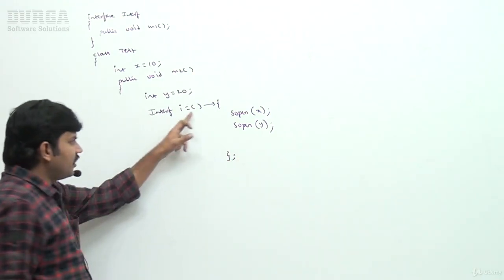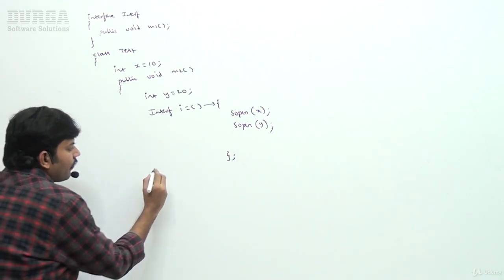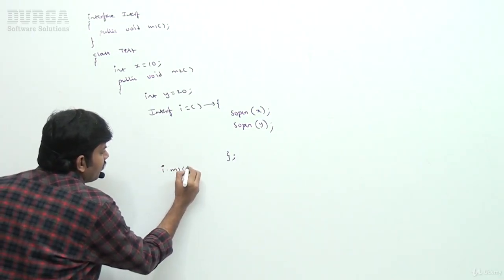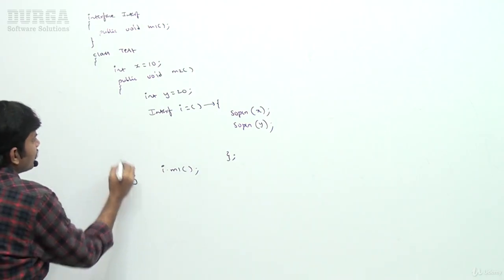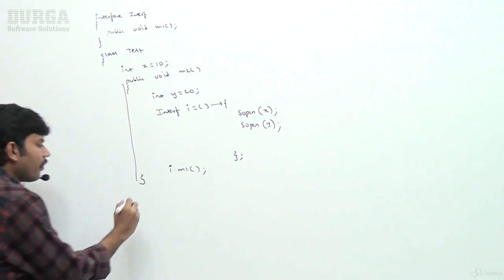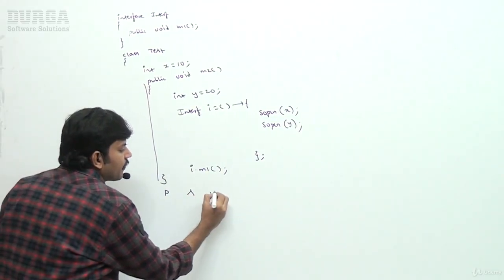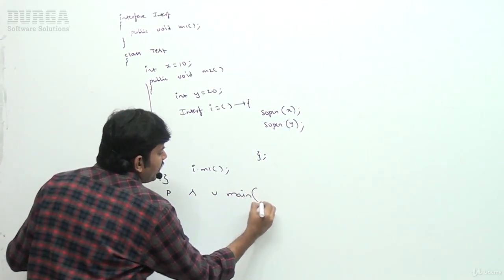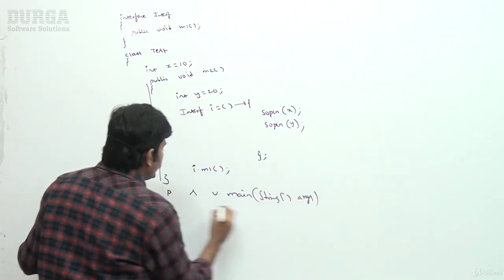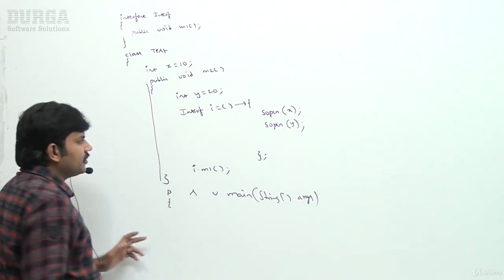End of lambda expression. Now I just want to call the m1 method, I.m1(). Now public static void main(String[] args).